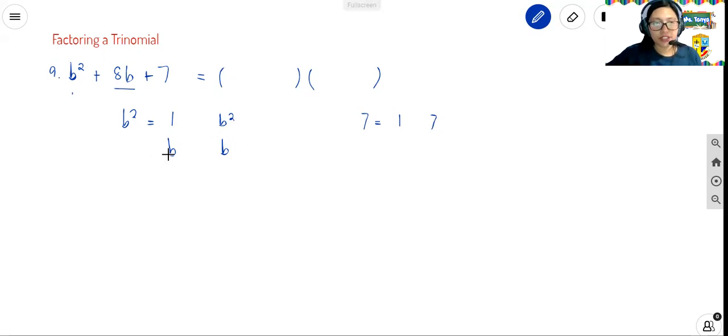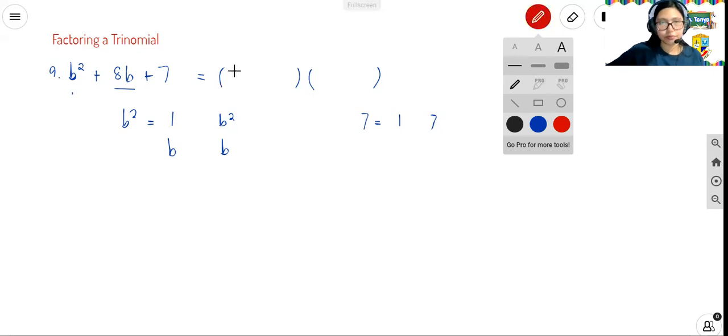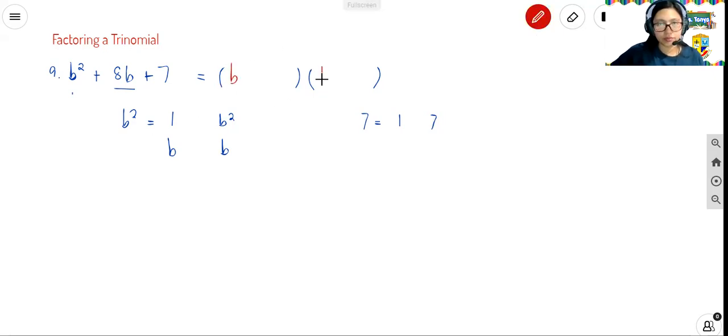So let's try first for b squared, b and b. And then for 7, you will write 1 and 7. Now, how about the signs in the middle? As you can see, in the given, you only have plus and plus. So I'll just put here plus and plus.